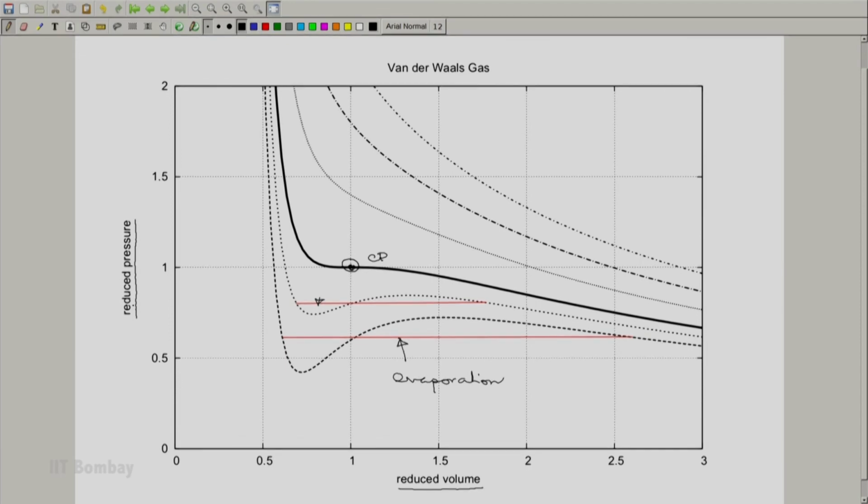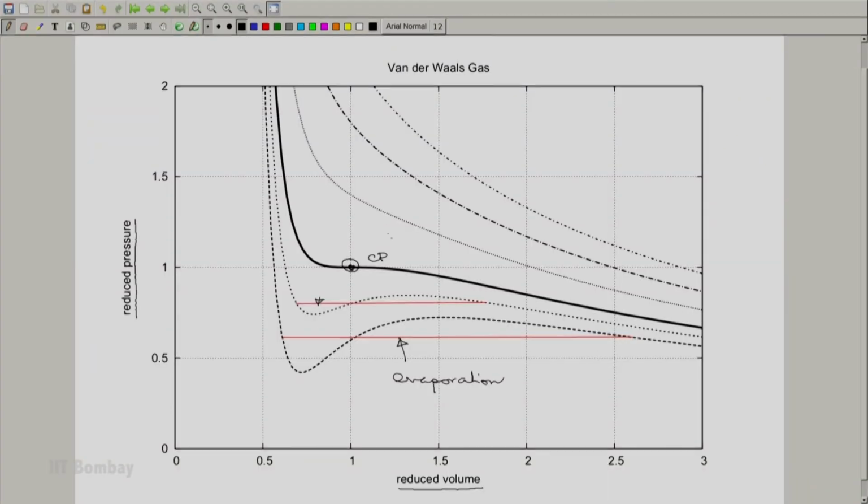Using reduced pressure, reduced volume and reduced temperature, we can plot the isotherms of all gases which follow the van der Waals equation of state on one single plot. Now if you have appreciated this, this isotherm pertains to a reduced temperature of 1, whereas this pertains to 1.1, this pertains to 1.2, this pertains to 1.3.